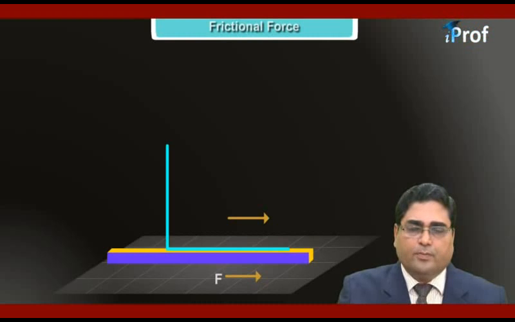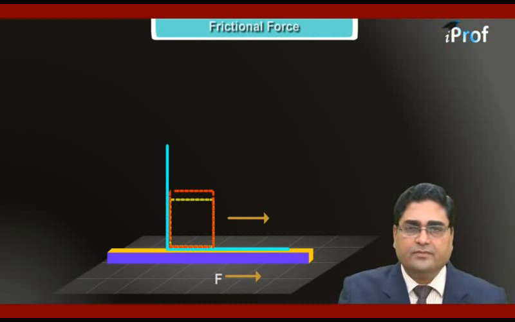When a body of mass m is kept on a rough surface and acted on by a force capital F in the rightward direction, then because of bonding between the block and the surface, a frictional force acts parallel to the surface in the opposite direction, which tries to oppose the relative motion between the object and the sliding surface.